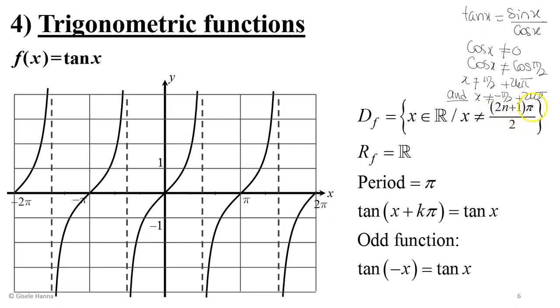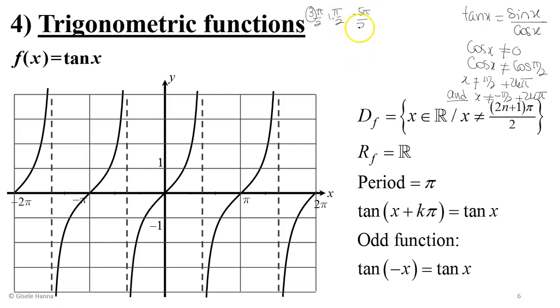Over here, you'd notice that pi over 2 is multiplied by 2n plus 1, so here we're considering odd multiples of pi over 2. What does that mean? For example, 3 times pi over 2 is an odd multiple of pi over 2 because we're multiplying it by an odd number. Pi over 2 is an odd multiple of pi over 2 because we're multiplying it by 1.